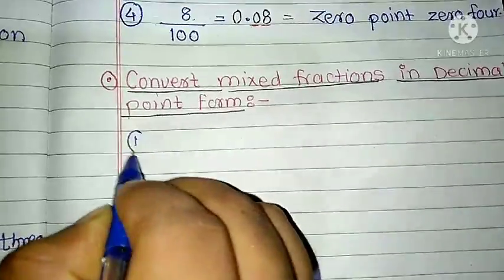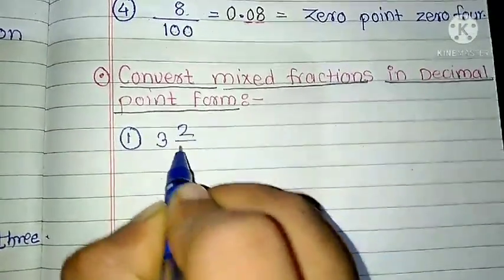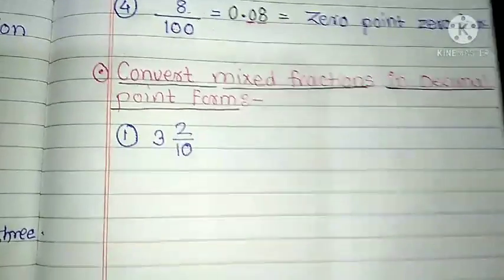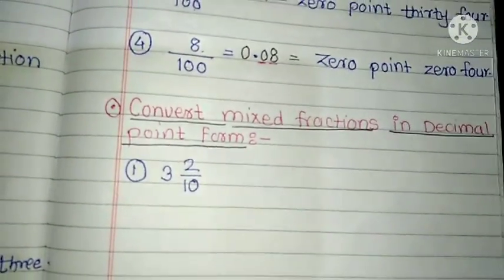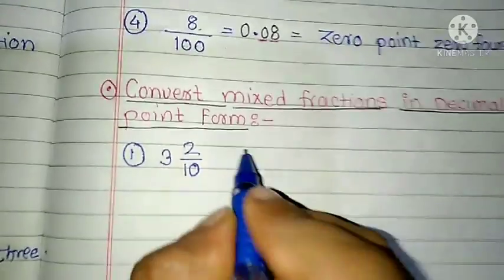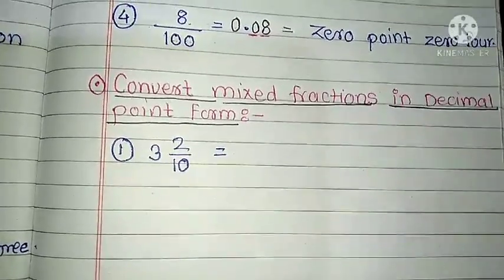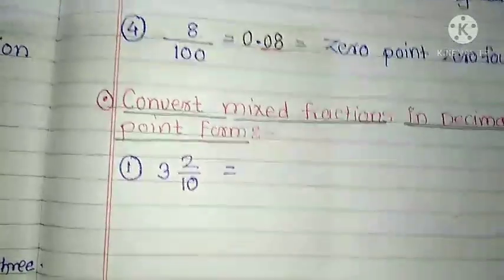So I am taking here one example, 3 and 2 upon 10. 3 and 2 upon 10. So what do we have to do? We have to write down the first number, the complete number.